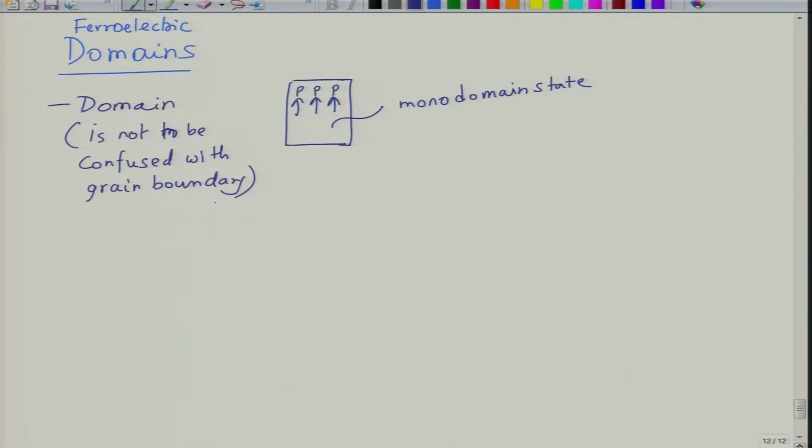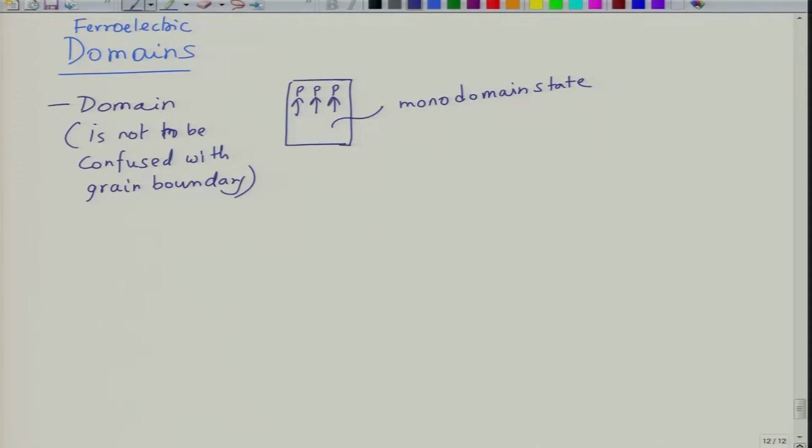A grain boundary is about crystal orientation, the differences in crystal orientations of neighboring grains, whereas domains are about the polarization orientation with respect to the applied field and polarization orientation within a particular region. So, it is possible that within a grain you can have multiple domains. It is also possible that when you apply a large electric field, despite having several grains, the whole material becomes a monodomain. So, it is not to be confused with grain boundaries.